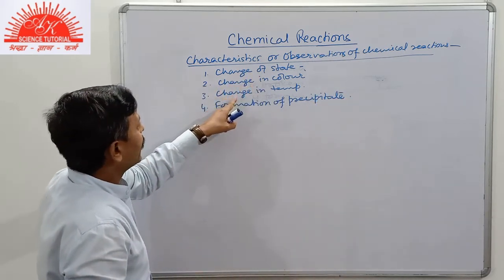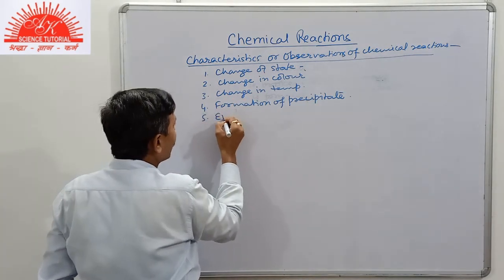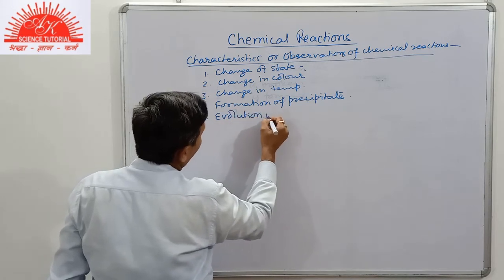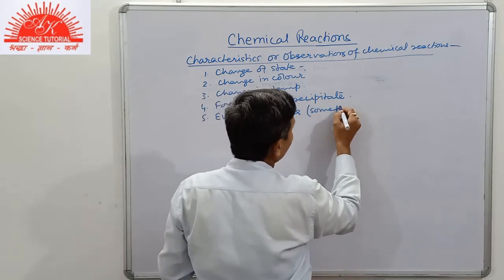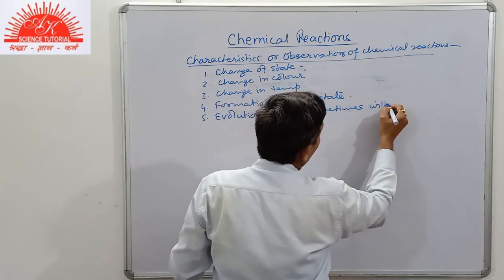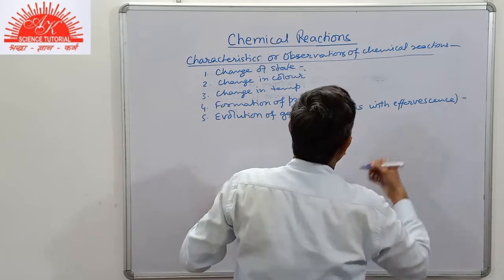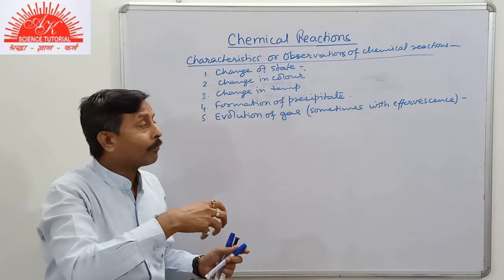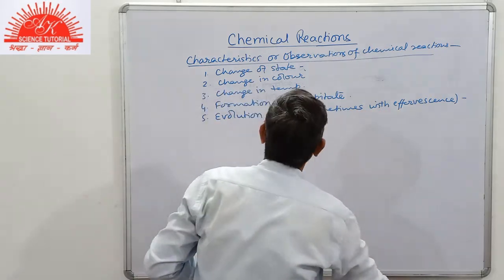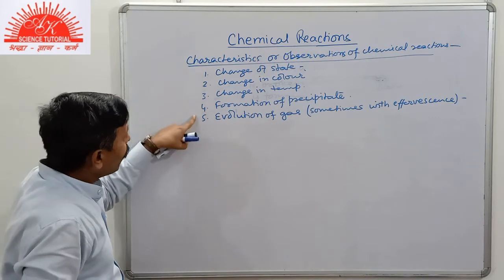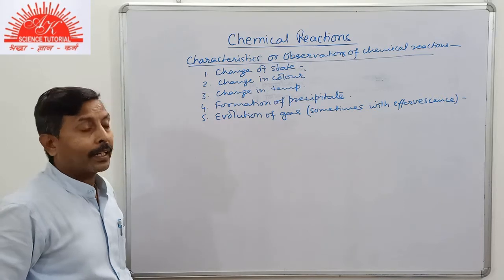And then fifth, evolution of gas, sometimes with effervescence. Effervescence is when a reaction takes place in solution and the gas comes out in the form of bubbles, so we use the term effervescence. So we see, students, that these five observations determine that a chemical reaction has taken place.